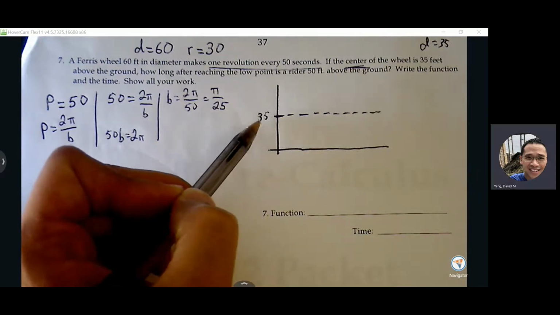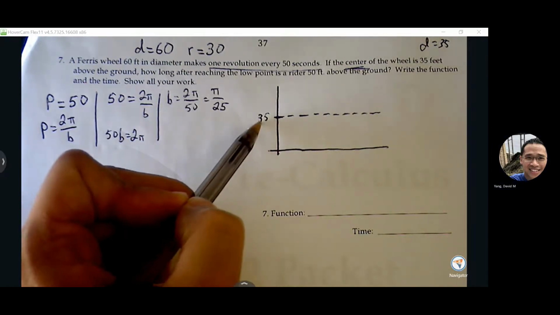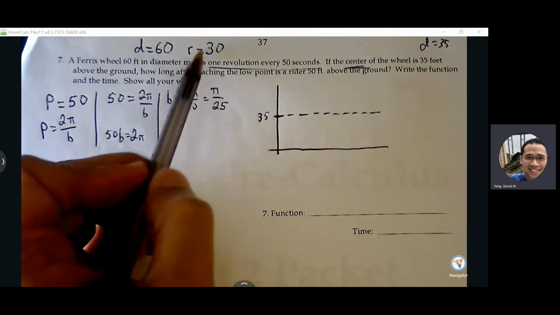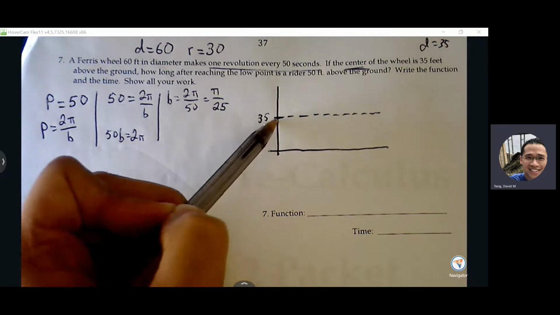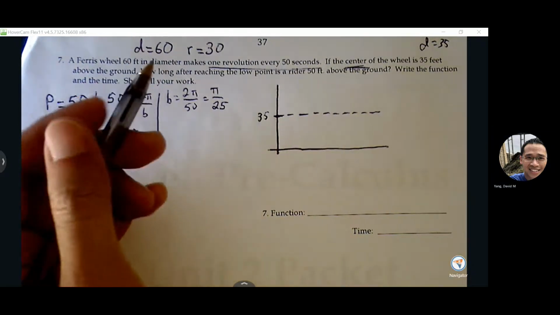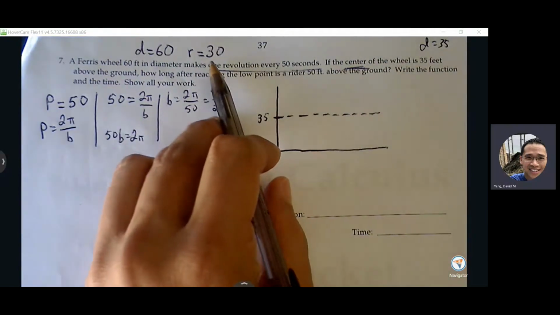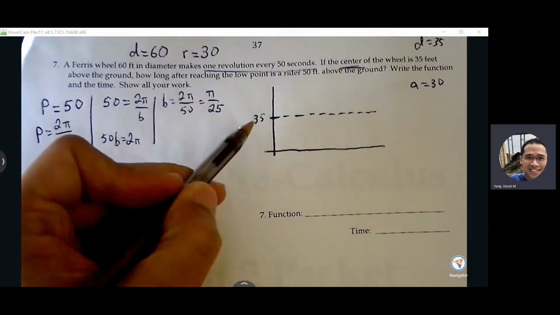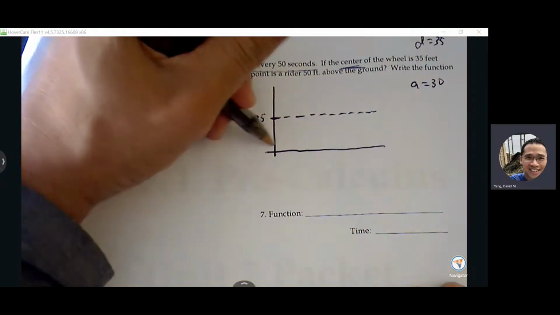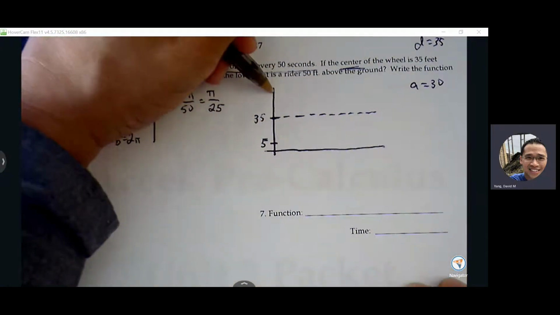What's the highest that this Ferris wheel can go if the center is at 35? Yeah, because of the radius, right? So the radius is distance from the center to the top, as well as the center to the bottom. So the radius is also our amplitude. It's also our A value. So 35 minus 30 is 5. 35 plus 30 is 65.